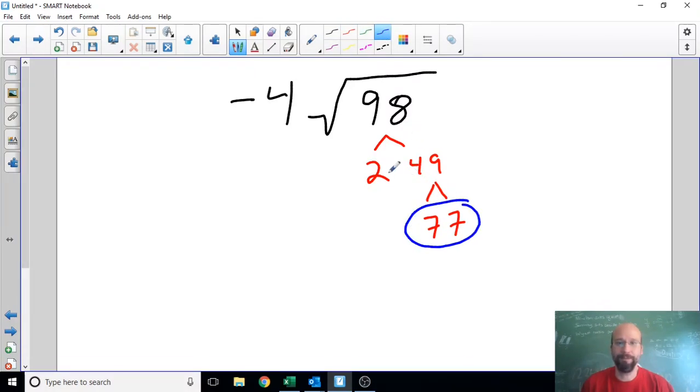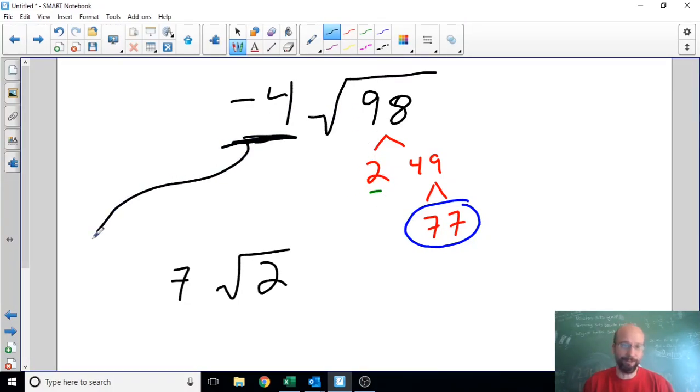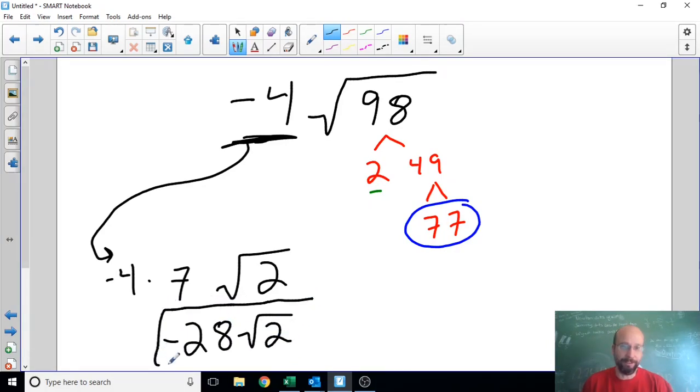I have 2 7s, and then I have a 2 left over. So this 1 7, since I have the 2 7s here, 1 goes on the outside, and I have my 2 left over on the inside. But again, I can't forget this -4, so this -4, I have to multiply it to whatever we get on the outside. So that's going to be -28 root 2. This would be my final answer.